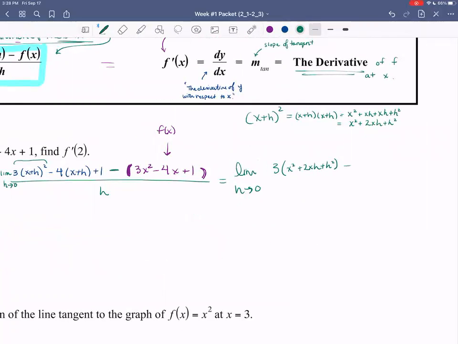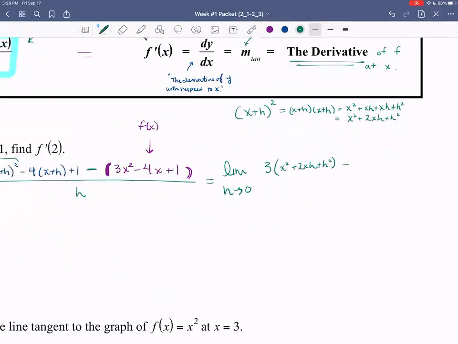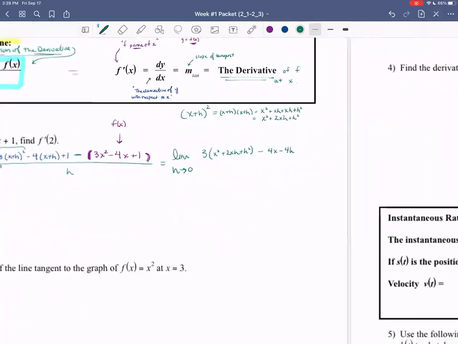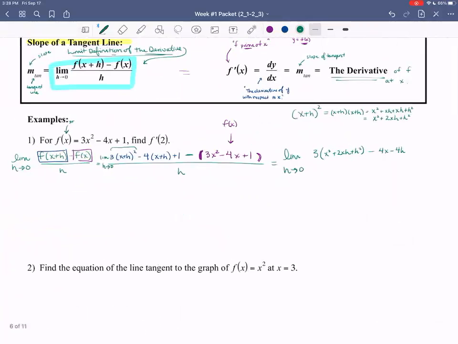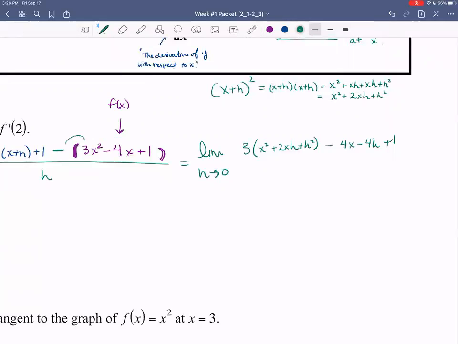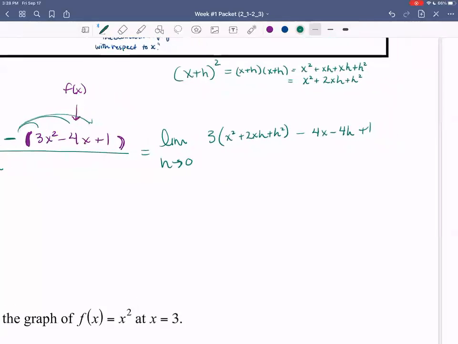Then I'm going to subtract 4 times x plus h. So I'm going to bring that negative 4 into each term. So I get negative 4x, negative 4h. Then I have plus 1. It's important to give yourself a lot of room here because we're going to need it. Now I'm going to bring that negative into each term in that second part of my subtraction here.